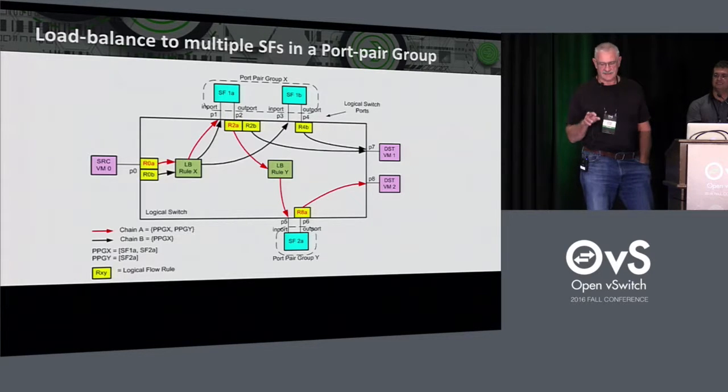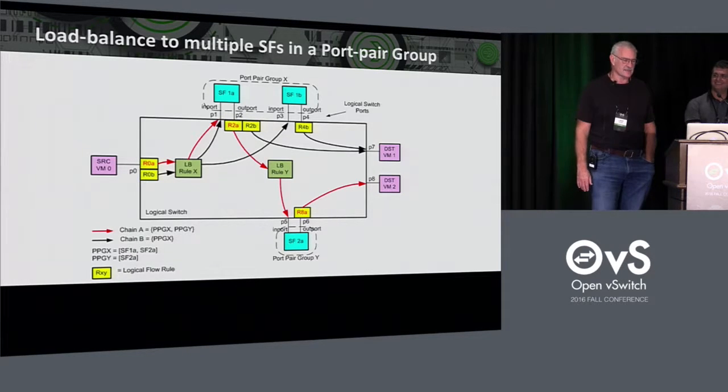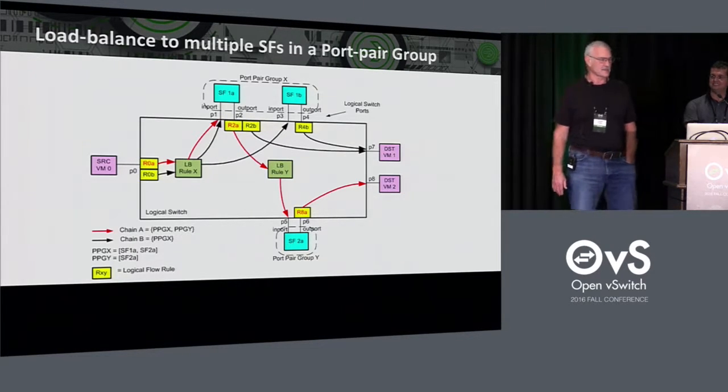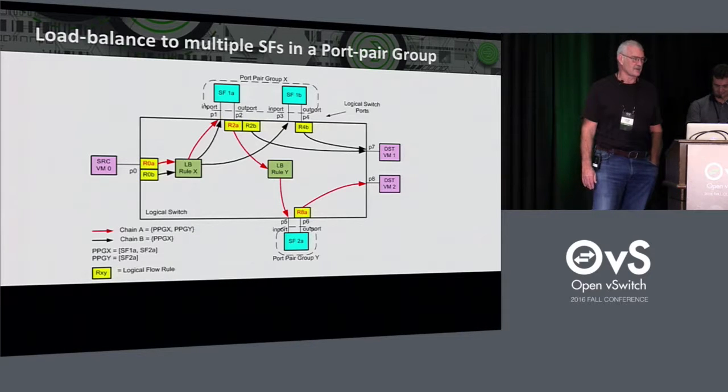So what we see there is port pair group X, which contains 2 service functions, and the load balancer rule X is essentially the thing that drives the traffic and load balances it across those 2 instances. What we could potentially do here is extend the load balance operations that have been added to OVN to be able to do this.